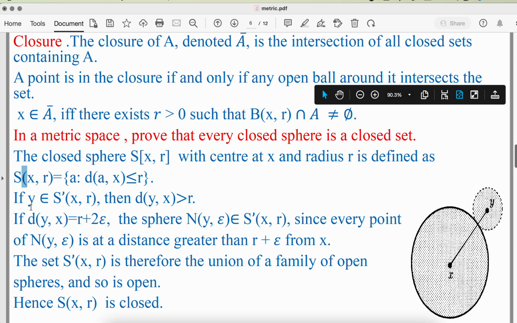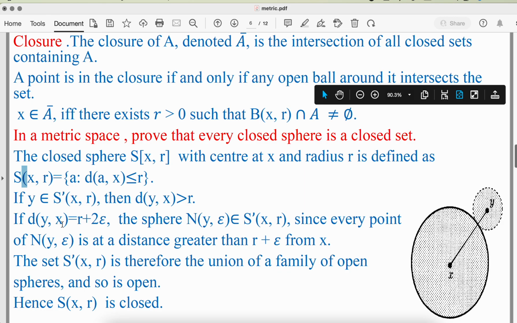If y belongs to the complement of this sphere, then distance of y from x is greater than r. Because we know that the closed sphere is the set of all the points a such that distance of a from x is less than or equal to r. So if y belongs to its complement, it means distance of y from x is greater than r.